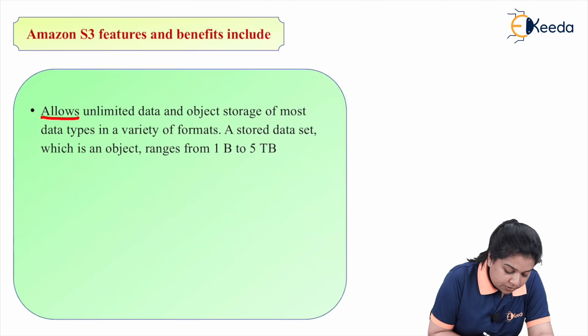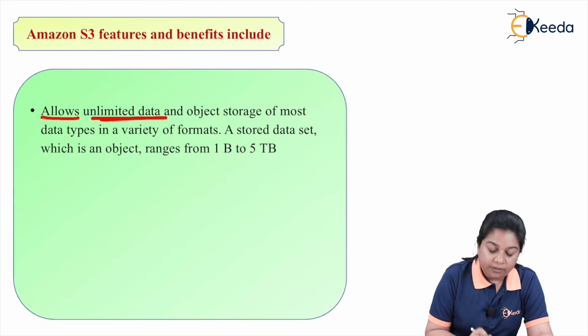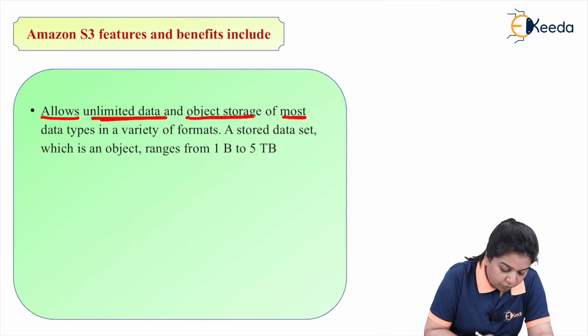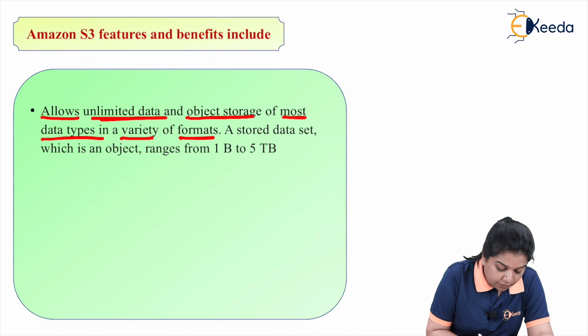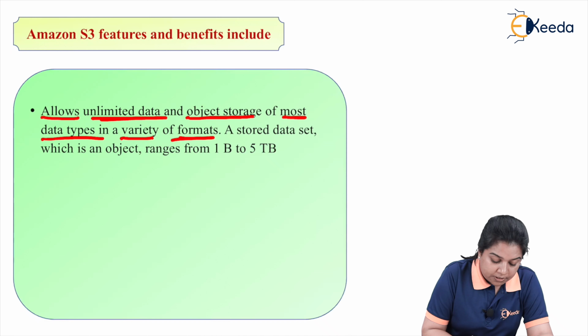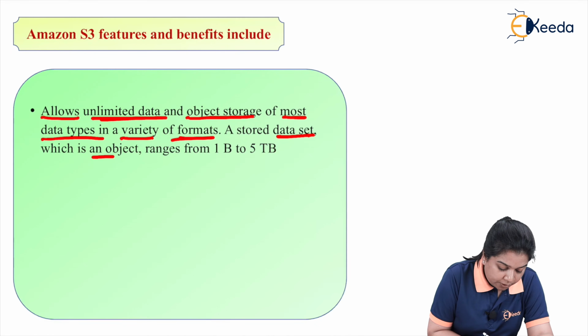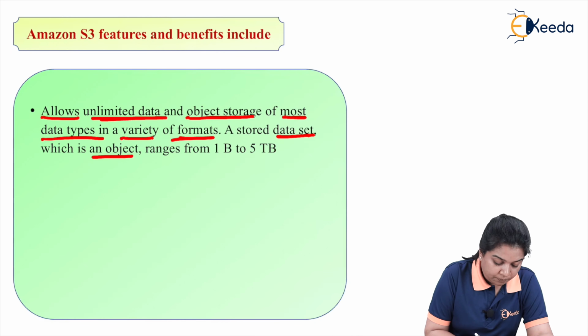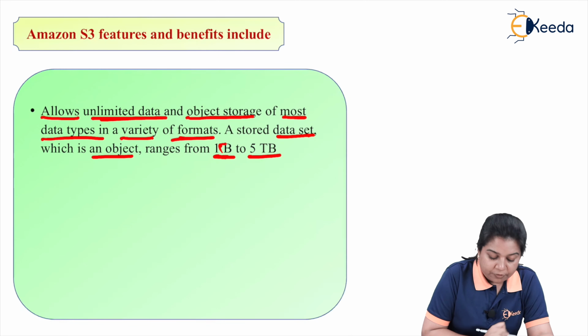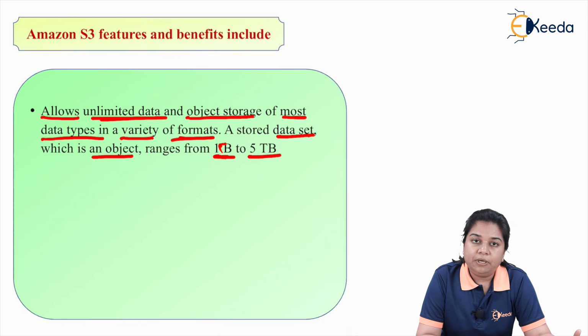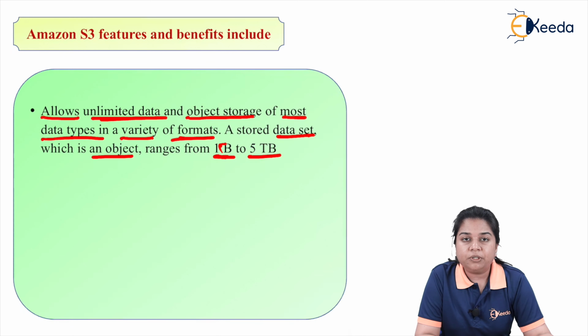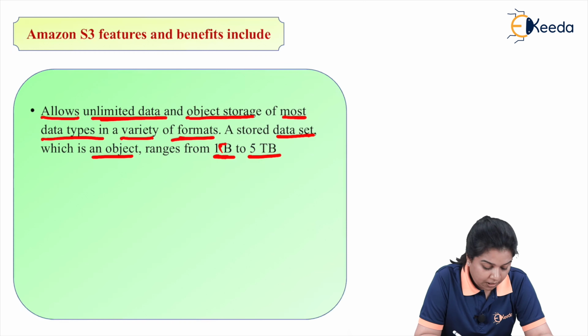First, it allows unlimited data and object storage of most data types and in a variety of formats. A stored data set, which is an object, ranges from 1 byte to 5 TB.